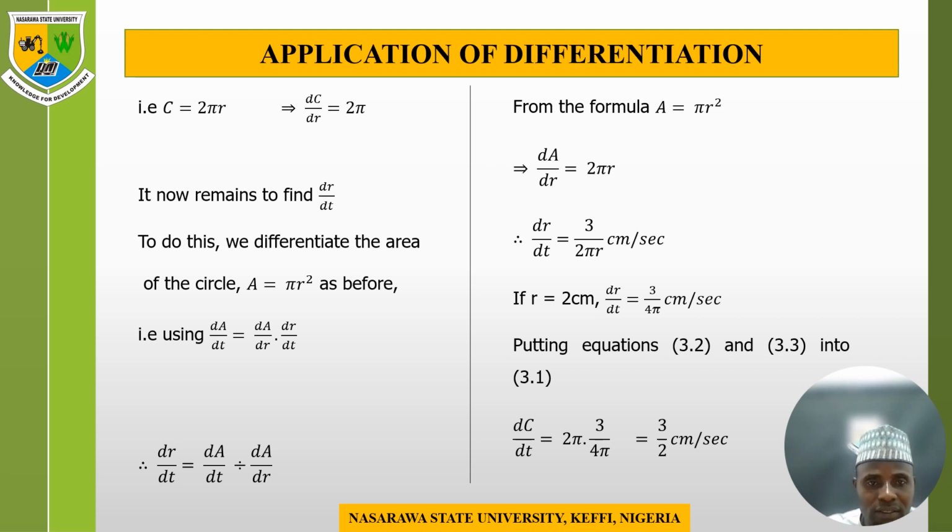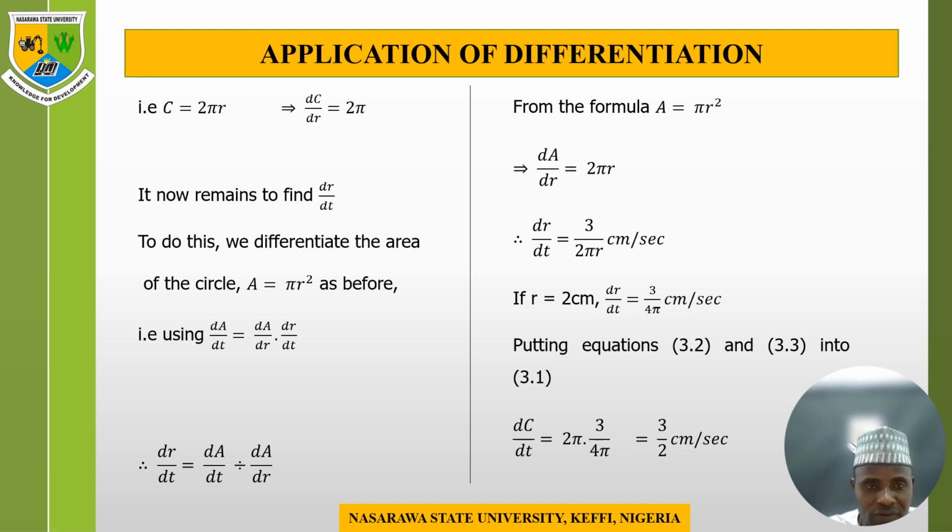To do this, we differentiate the area of a circle given by A equals πr squared as before. So dA/dt will be equal to dA/dr multiplied by dr/dt. What we are looking for here is dr/dt.